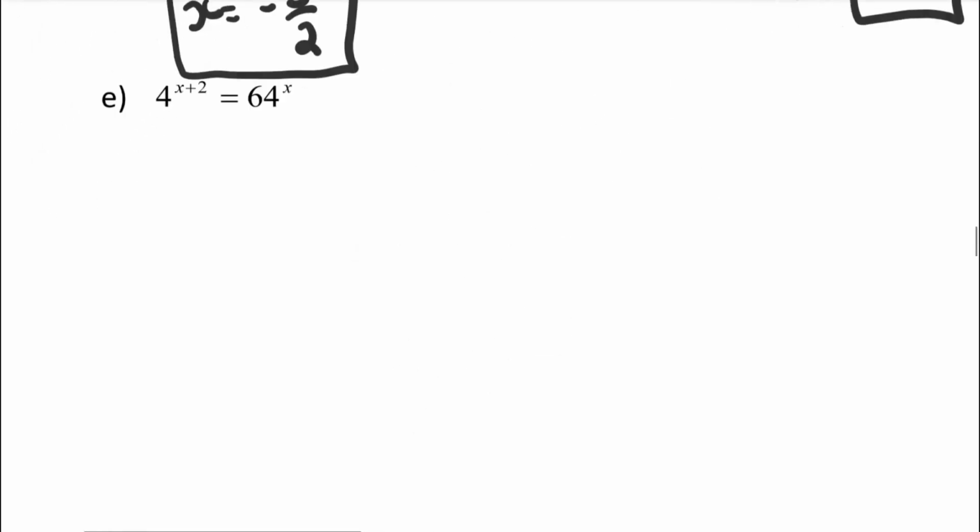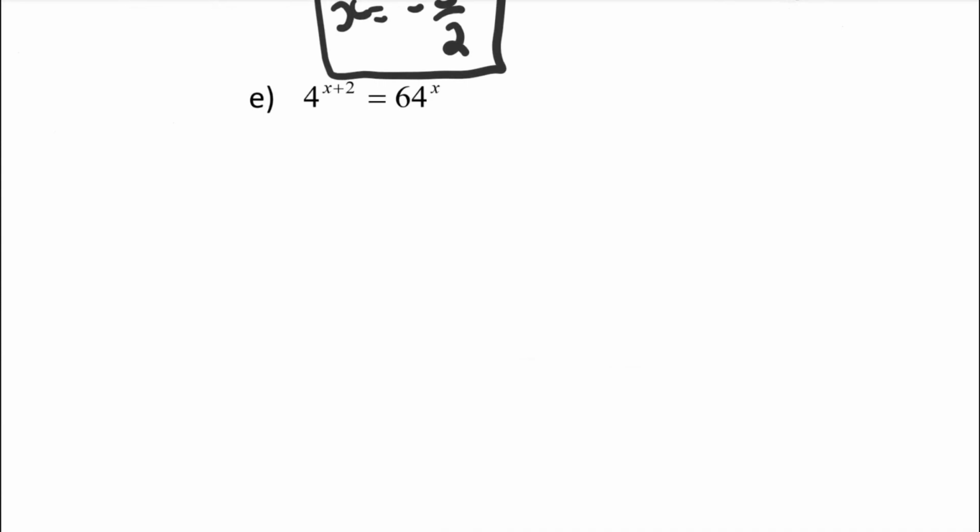Okay? I do believe we have one more on this page here. So we have 4 to the power of x plus 2 is equal to 64 to the power of x. So let's change them both so that it's in terms of 2's instead. So we're going to reduce them so that they're in values of 2.